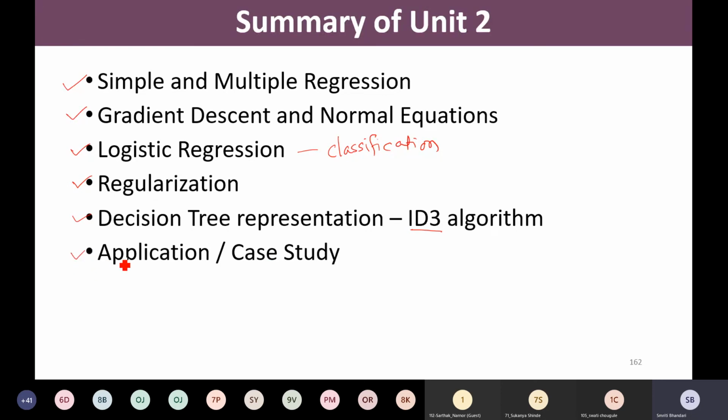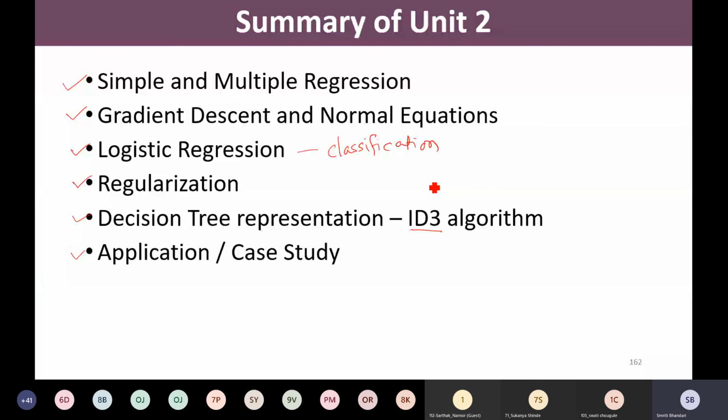Further, under applications or case studies, I'll be giving you some exercises or case studies for which you need to provide the solution. In essence, in this unit number 2, we have covered a few mechanisms and algorithms for regression and a few algorithms for classification.